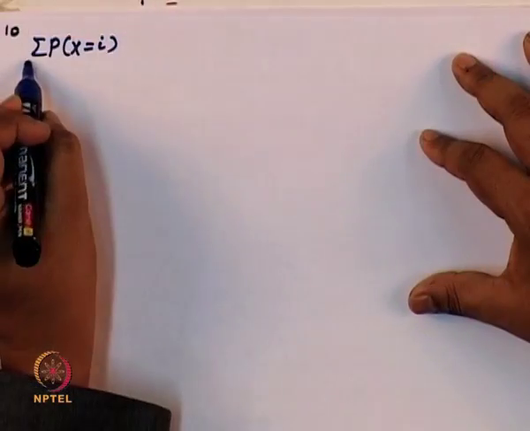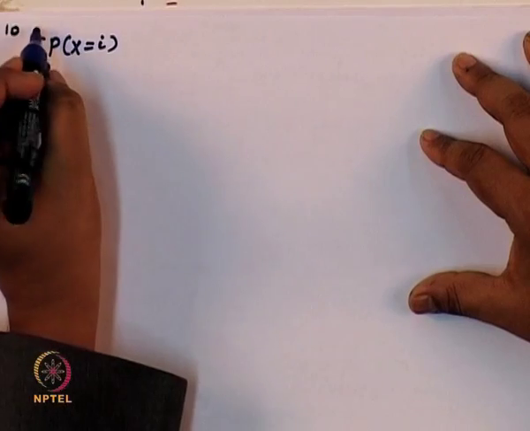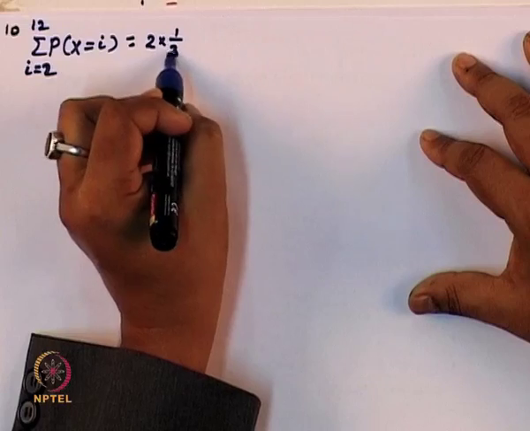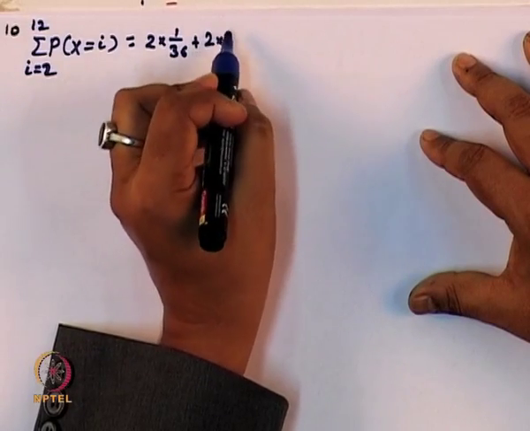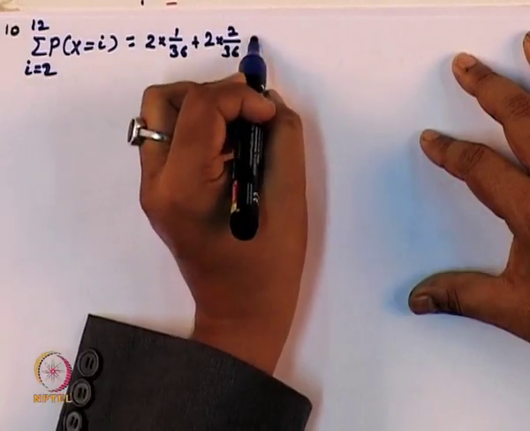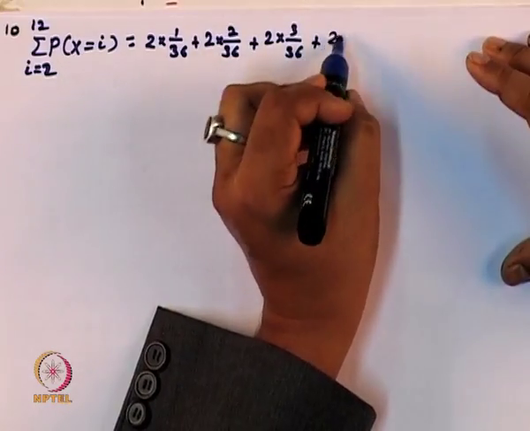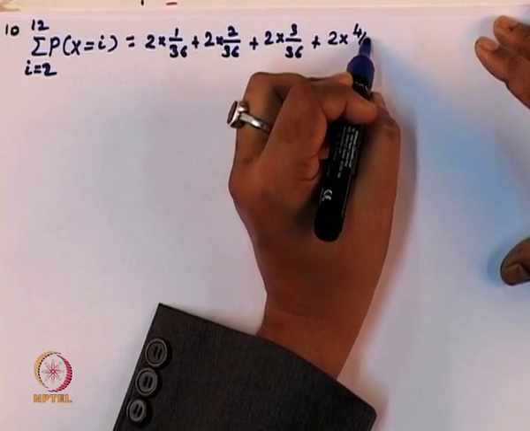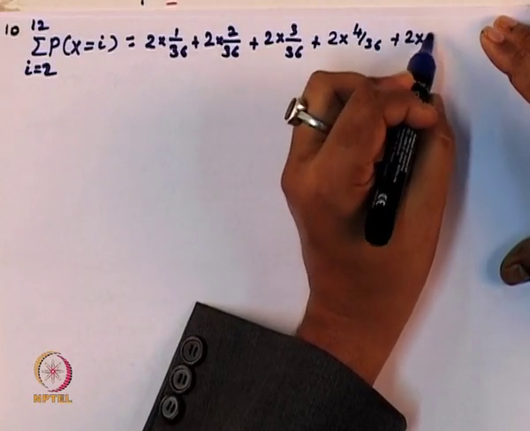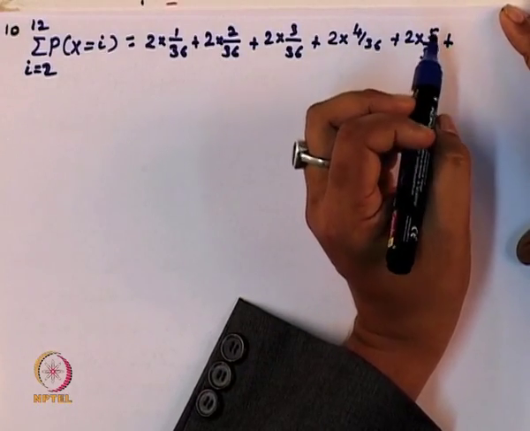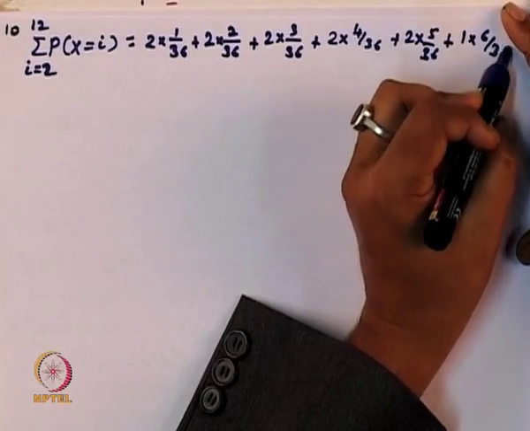So, I have the summation of probability of x equal to i, with values between 2 and 12, which is nothing but 2 into 1 by 36 plus 2 into 2 by 36 plus 2 into 3 by 36 plus 2 into 4 by 36 plus 2 into 5 by 36 plus 1 into 6 by 36.